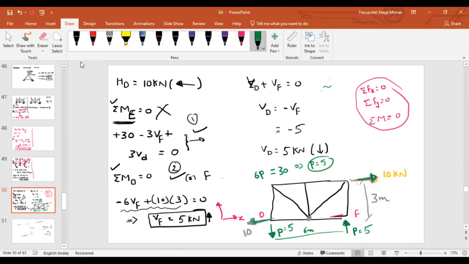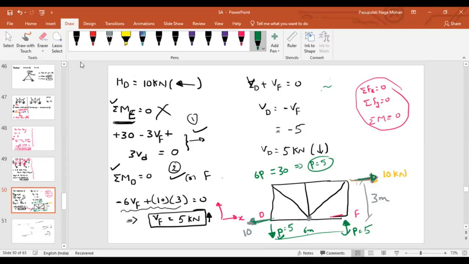But these two are generating an unbalanced moment of 30 in the clockwise direction. Again, I will think in my mind that it has to be balanced, and that will be balanced by using the vertical support reaction.